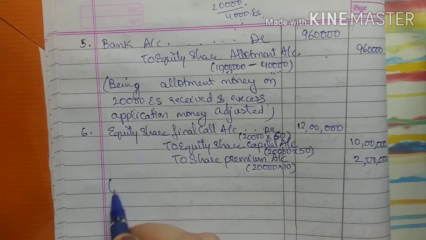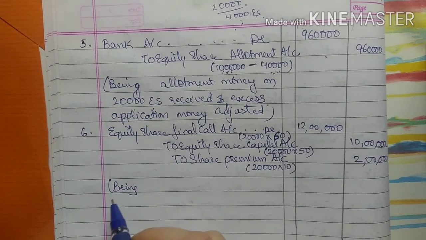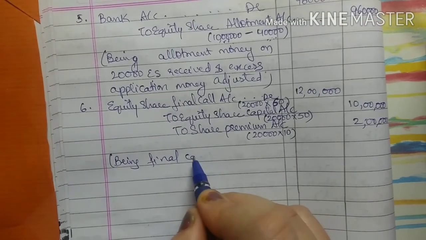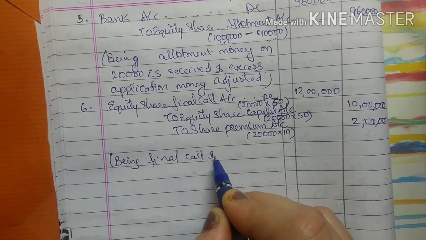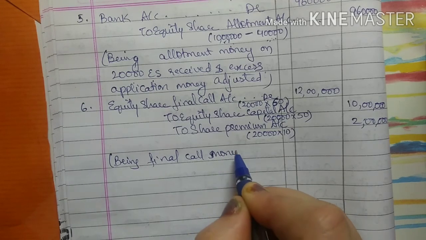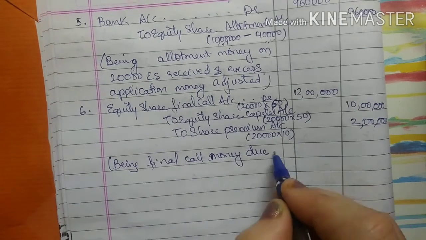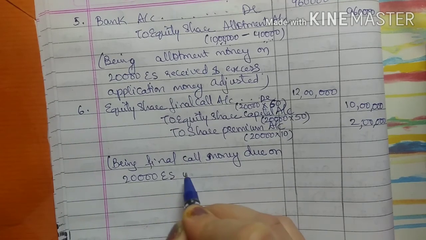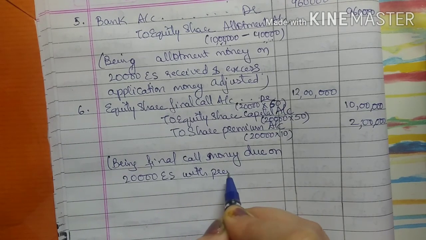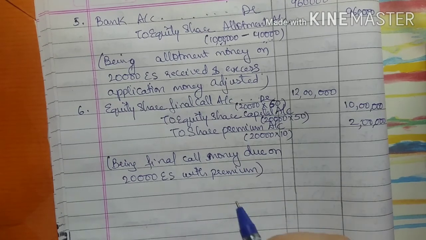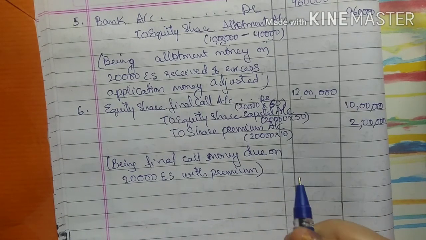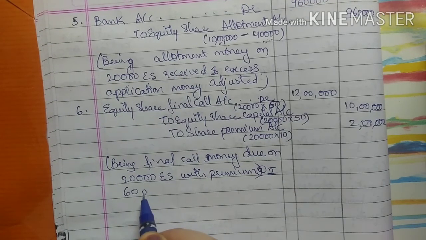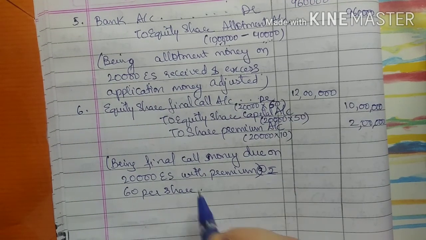So the narration will be final call money due on 20,000 equity shares with premium, at the rate of rupees 60 per share.